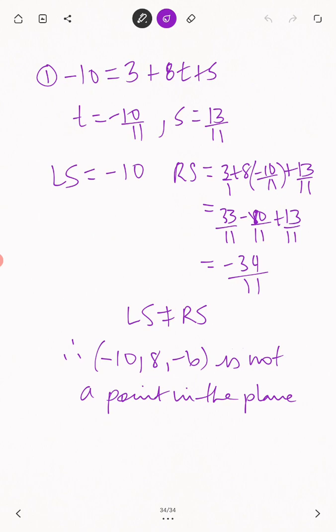Part D, find the x-intercept of the plane. So if it's the x-intercept of the plane, then y and z would both need to be equal to 0. The easiest form to use here would be the parametric equations, because we already have them in terms of x, y, and z.